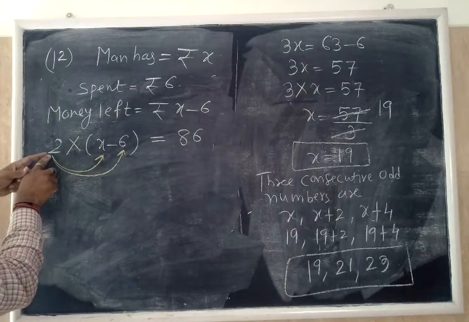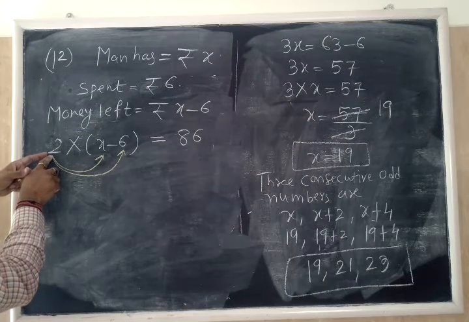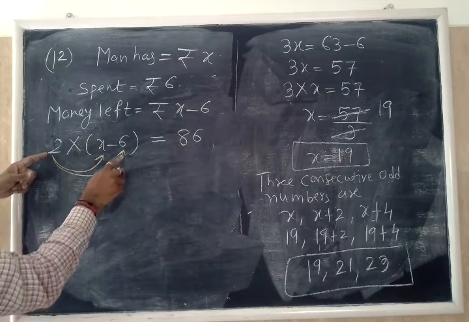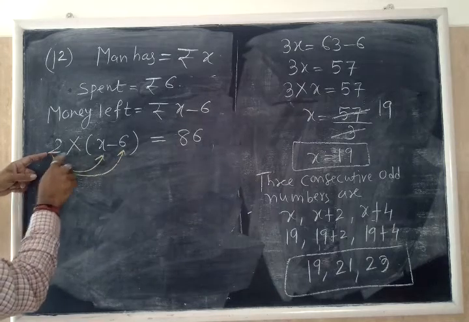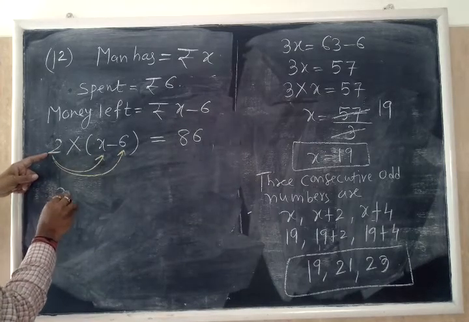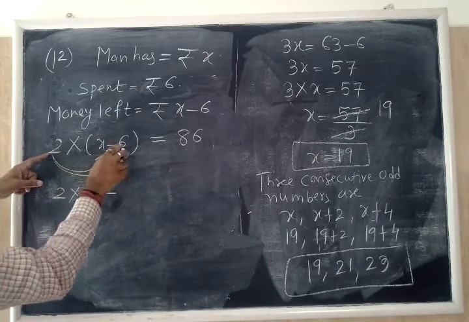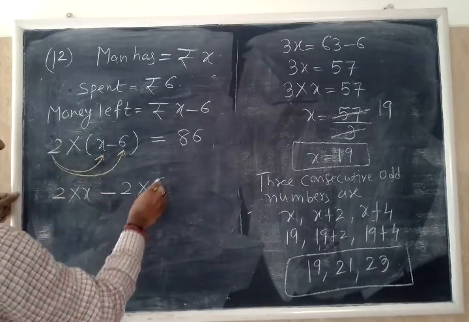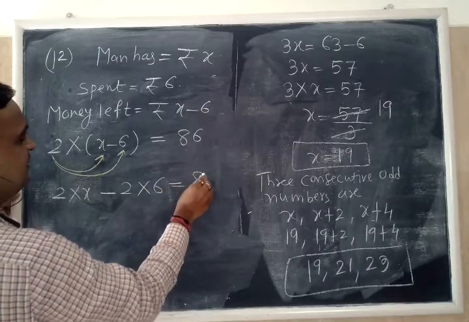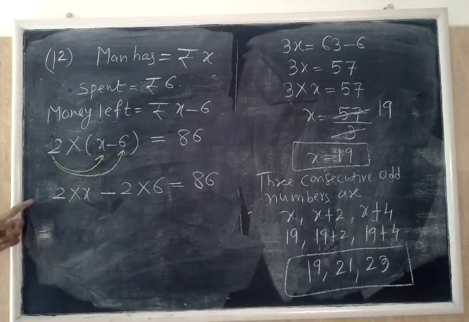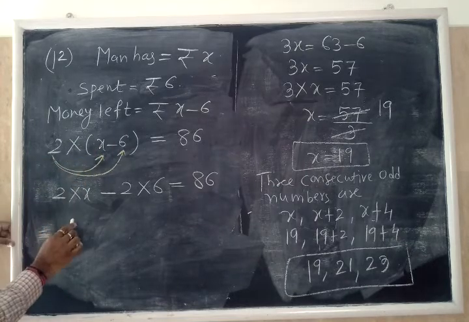So whenever outside we have some number, we have to multiply that outside number to each term of the bracket. So first it will be 2 into x minus 2 into 6 is 86. Is it clear? What is 2 into x? 2x.